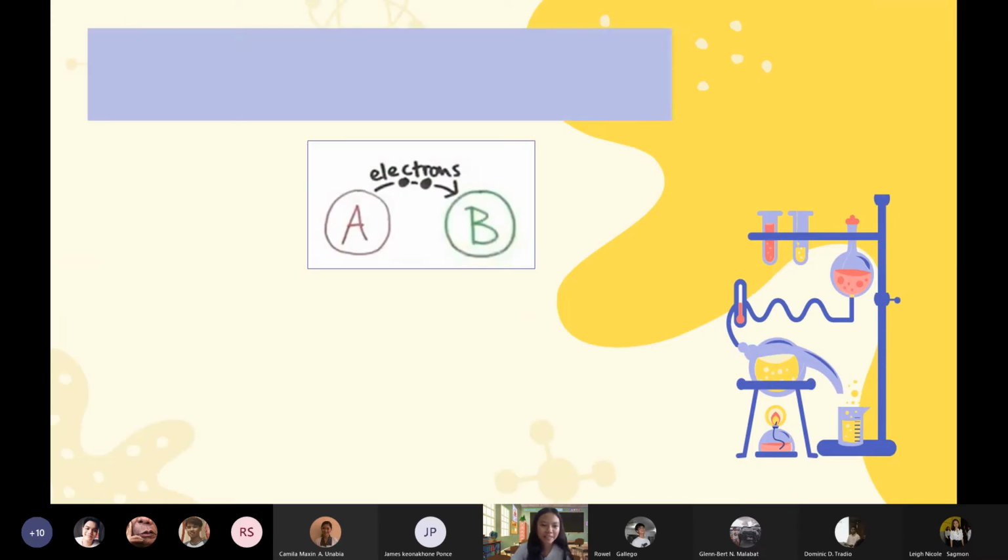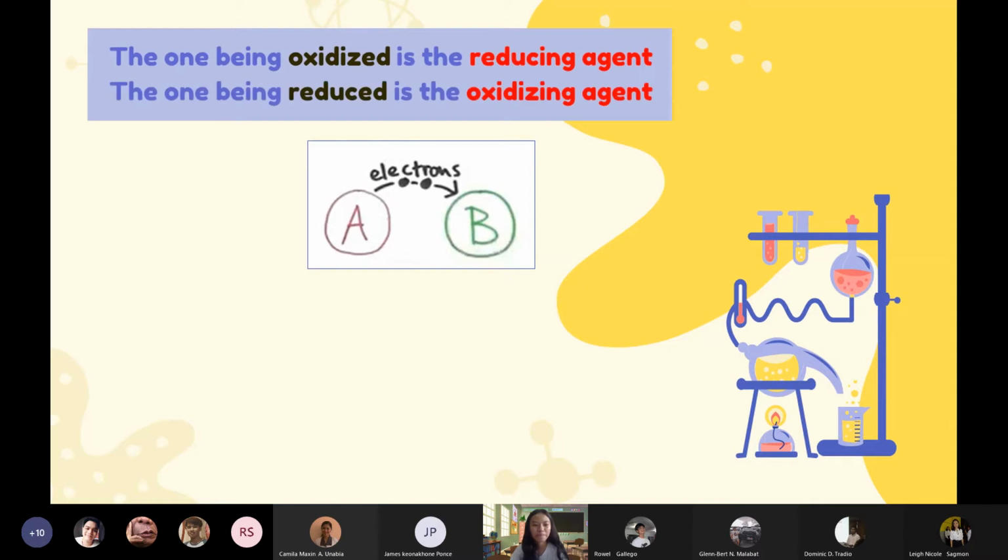Now, look at this. We must always take note that oxidation and reduction flip-flop a lot. The one being oxidized is the reducing agent, and the one being reduced is the oxidizing agent.